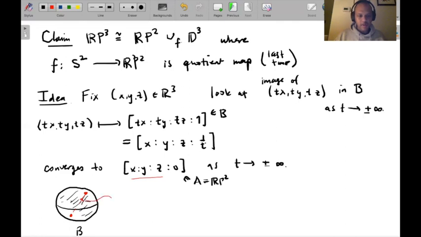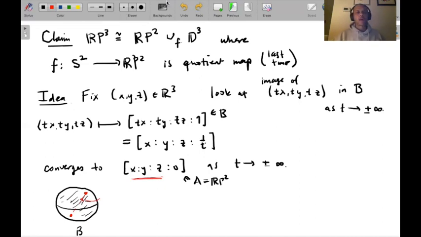This is in the direction X, Y, Z in R3, and as we approach the boundary here, this point and its antipodal point are both glued to this point here in RP2. I'm not saying this the best way, but I'm trying really just to convey the idea here.